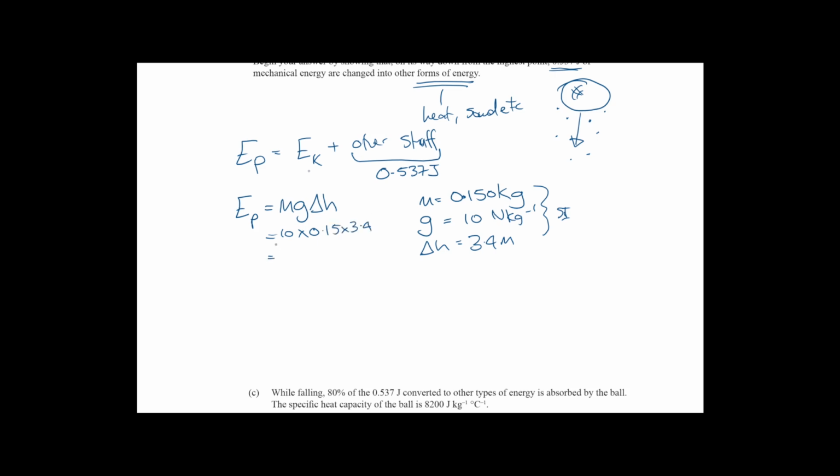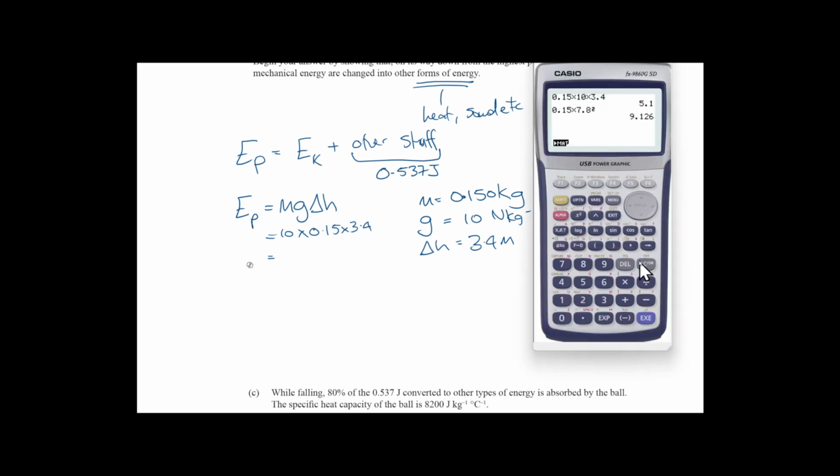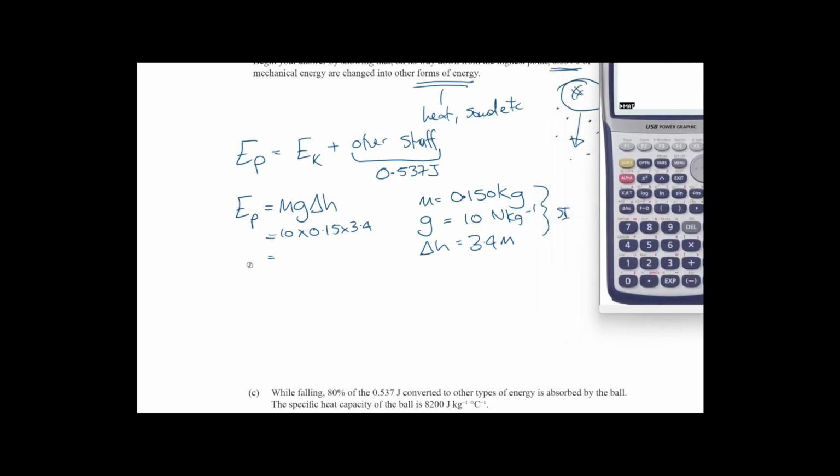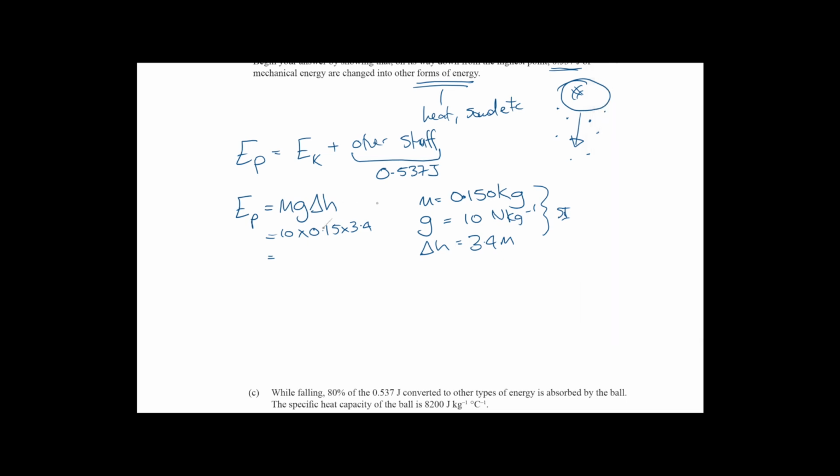And we grab our trusty calculator and work it out. So 0.15, that's the mass, times gravity, which is 10, times 3.4 meters, is going to be 5.1 joules.